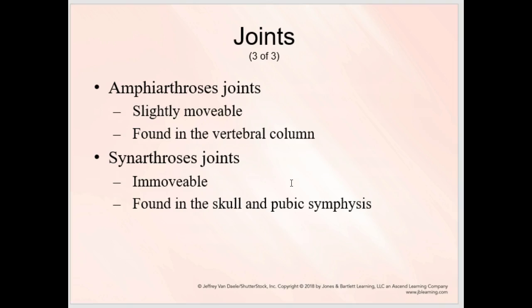We can find an amphiarthrosis in the vertebral column. Generally, they're the areas where discs are. Pubic symphysis, vertebral column, for example.